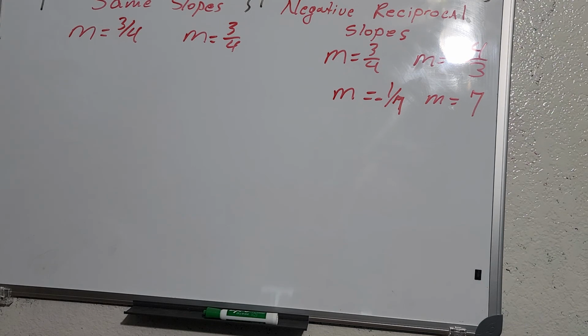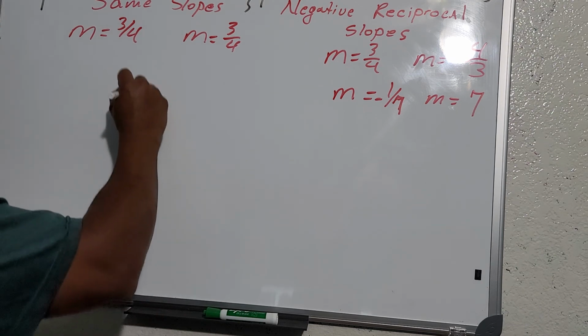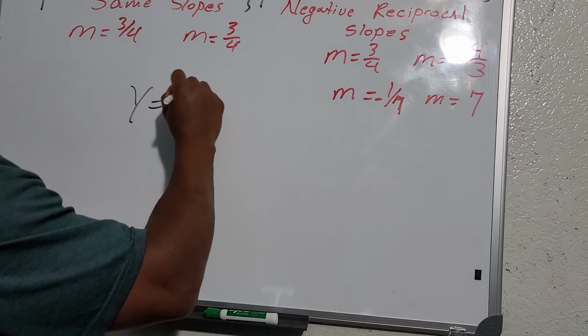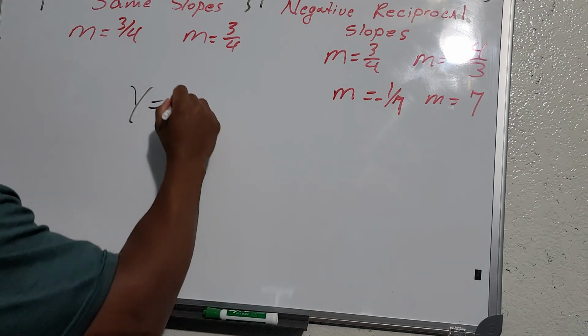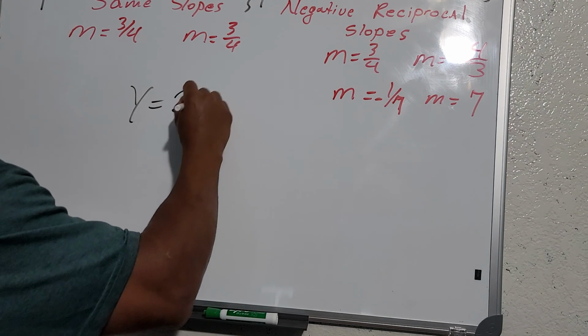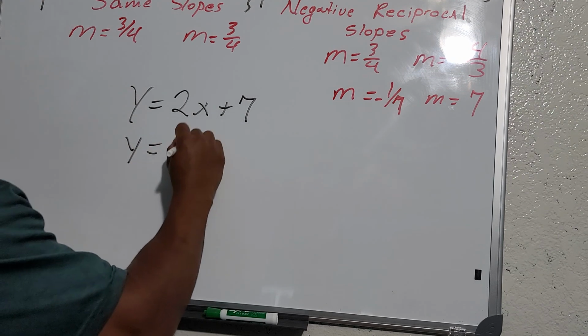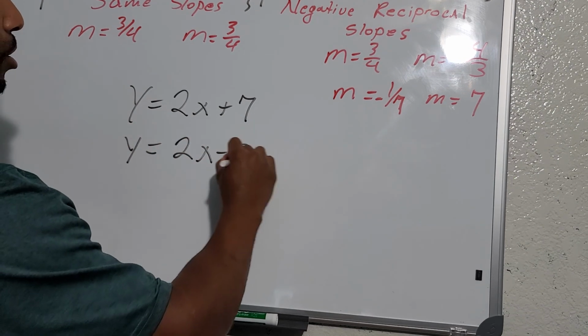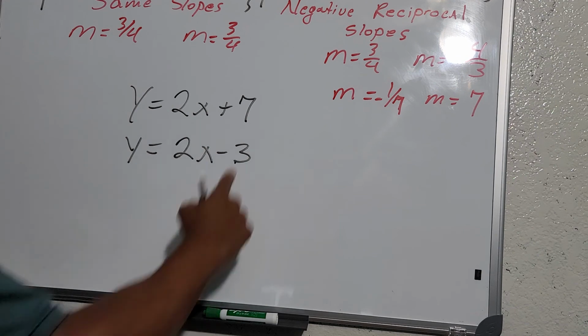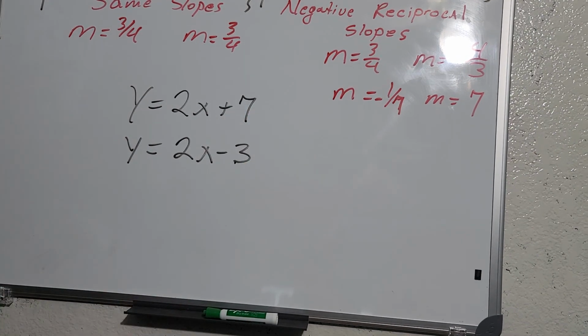Sometimes, to determine if lines are parallel, you can simply look at the slopes when it's already written in slope-intercept form. Something like y is equal to 2x plus 7 and y is equal to 2x minus 3. My integers are the y-intercepts. They do not determine whether lines are parallel.